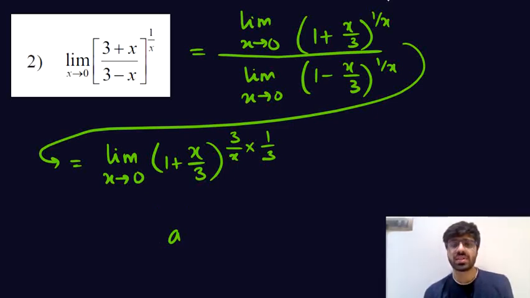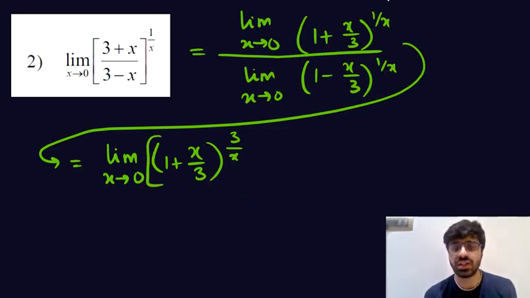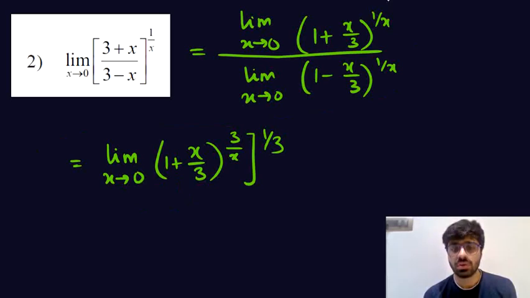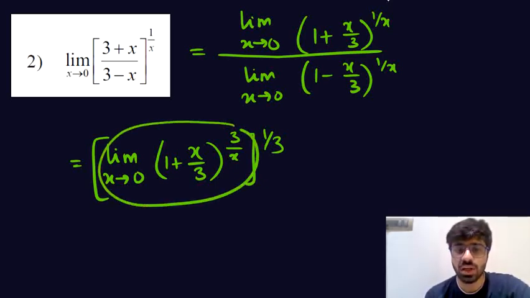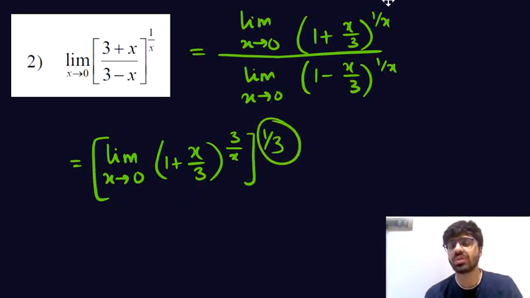So we can say that this entire bracket is like a power m, the whole power n, that is, we can write 1 by 3 as the power of the entire bracket. You can take this limit inside the bracket and then you will have 1 plus x upon 3, the whole power 3 upon x, that with the limit and power 1 upon 3.